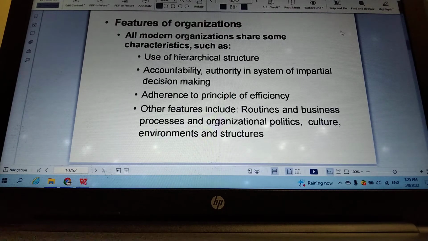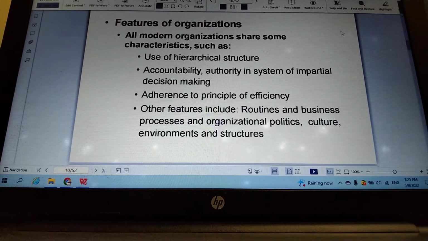Authority in the system, especially in decision making, in making sure everyone is performing efficiently, so efficiency is the key factor. Other features of the organization include routines and business processes, organizational politics, culture, environment, and structures.